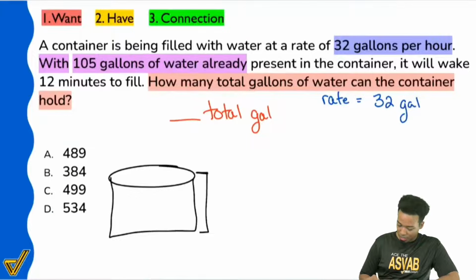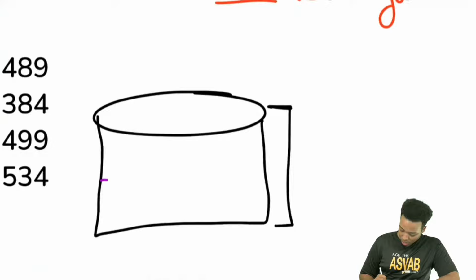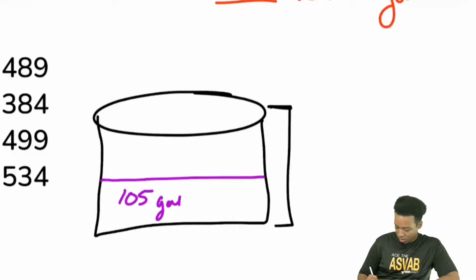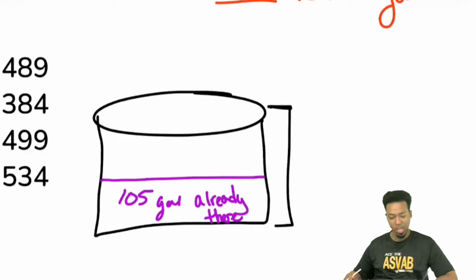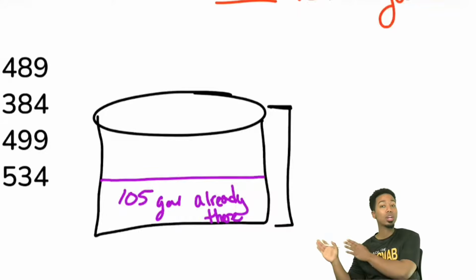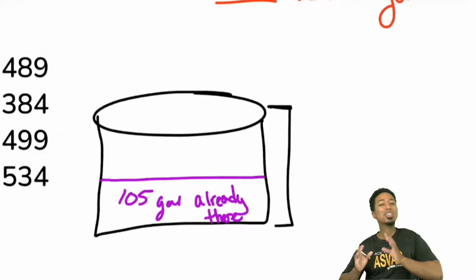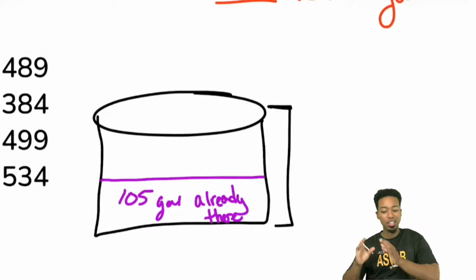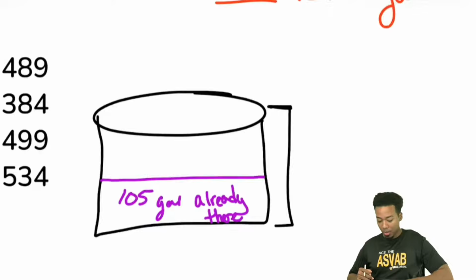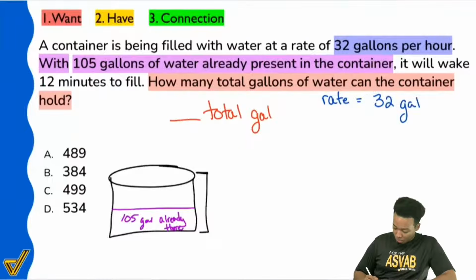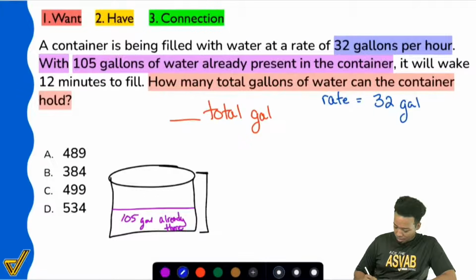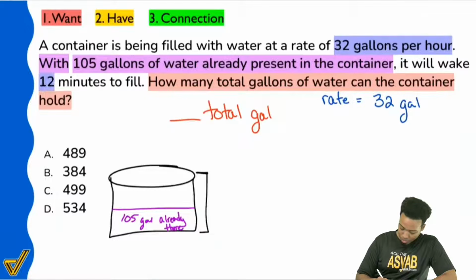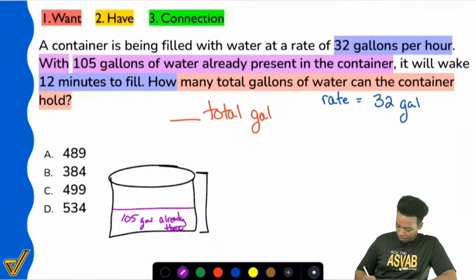With 105 gallons of water already present in the container, we can just say, hey, 105 gallons already there. I know it's chicken scratch at the bottom there, but it says 105 gallons are already there. Then right after that, it says it'll take 12 minutes to fill.